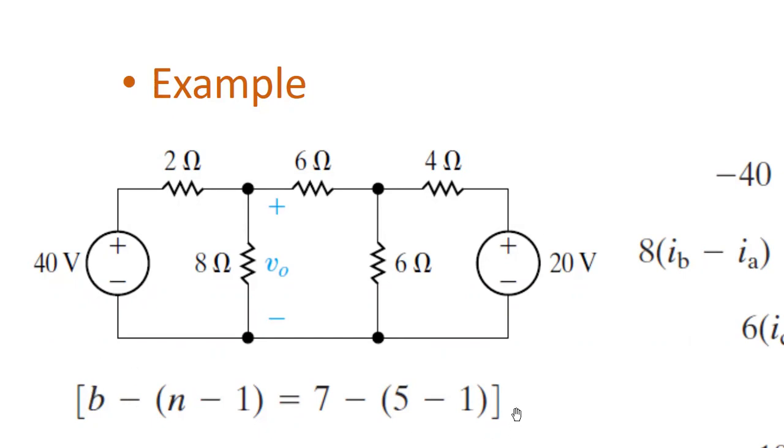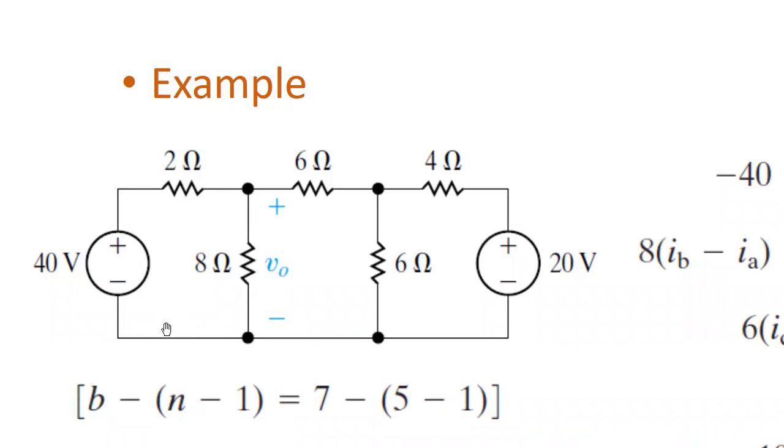Okay, so you can use the same formula, but without considering only the essential ones. So branches here will be 1, 2, 3, 4, 5, 6 up to this node, and 7. You need to calculate the branches without looking at only the essential ones. So the total is 7.